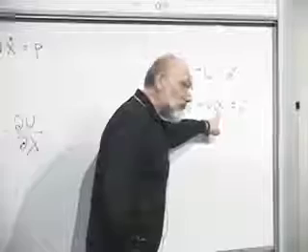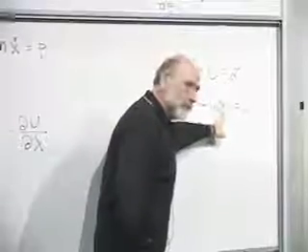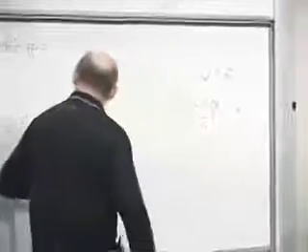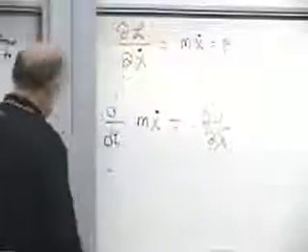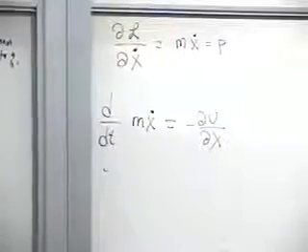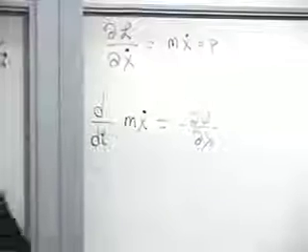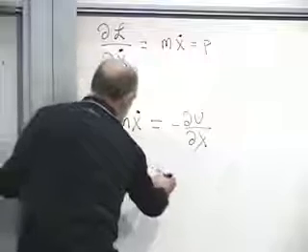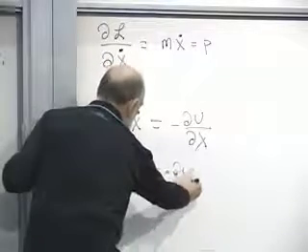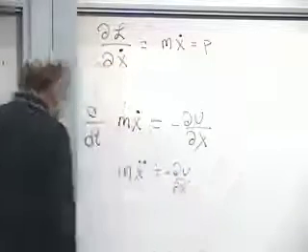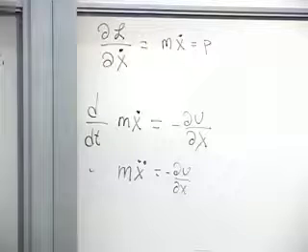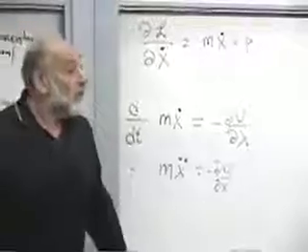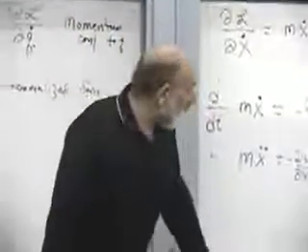The only place where x appears is in U. x dot appears here, x appears here. So this is just minus dU by dx. This should be familiar. This is just F equals ma. Mass times x double dot is equal to minus dU by dx. So we successfully reproduced Newton's equation for a particle with 1 degree of freedom moving along a line with a potential energy U.